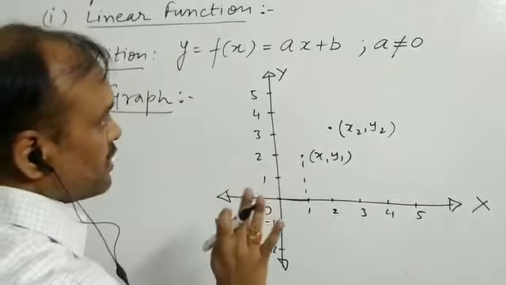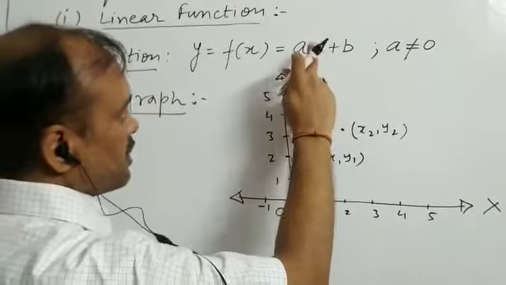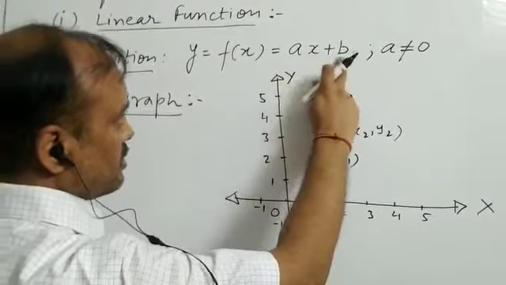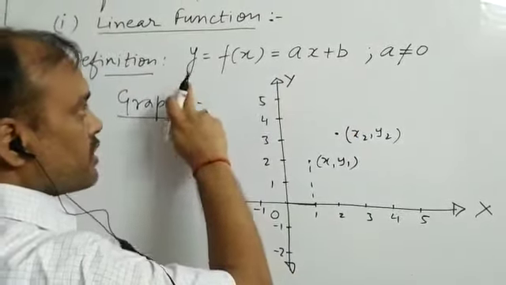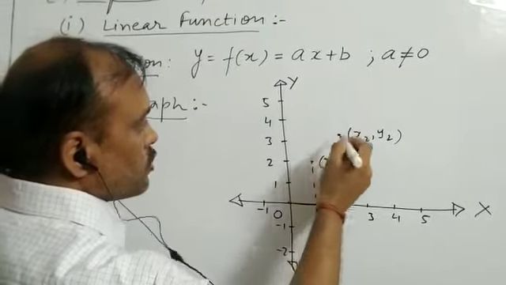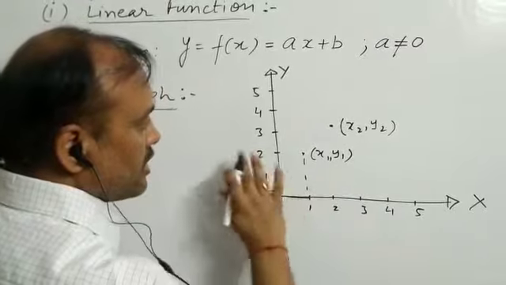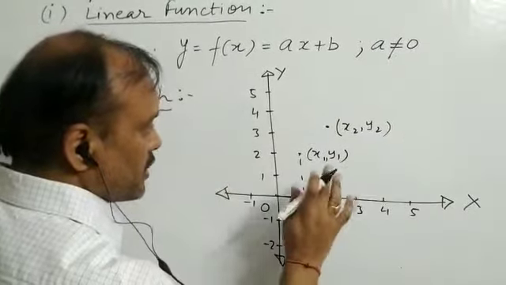So see what we are doing, we are taking different values of x, and by putting that value of x here, we are getting corresponding values of y, and plotting all those ordered pairs of x and y on the Cartesian plane, the xy plane.